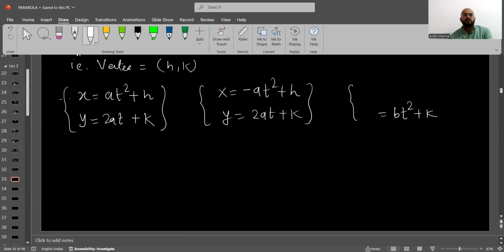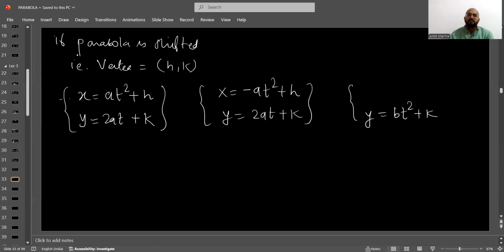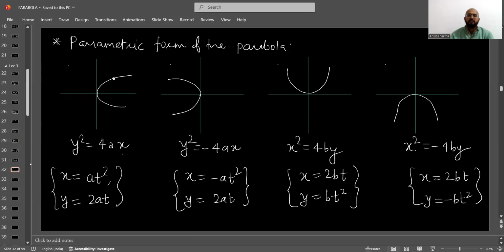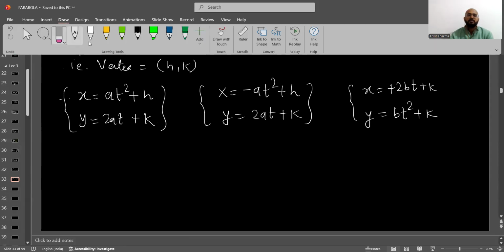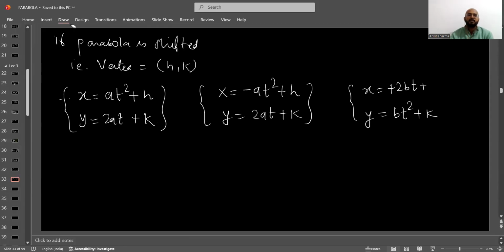And x is equal to 2bt plus h. So this is for the third parabola, and similarly you can write down for the fourth parabola. So if my parabola is shifted, then we just have to add the shifts, nothing else. Okay, now moving further.